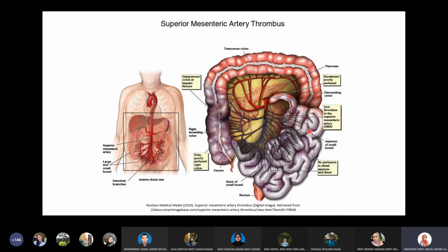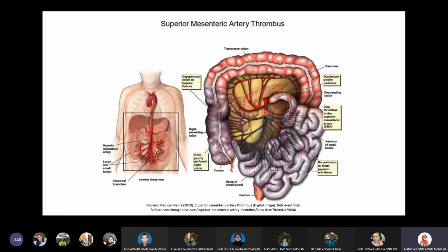You will all learn this later in the gastrointestinal module in second year, but to show you, for example. As you can see here, there is a thrombus in the superior mesenteric artery, and the part that is affected is below this.